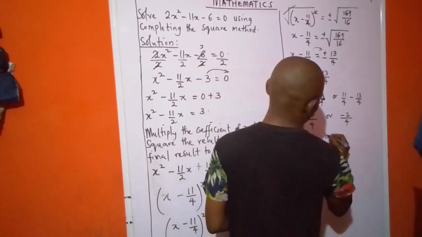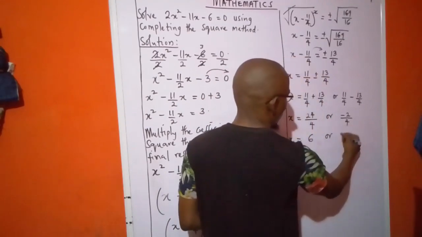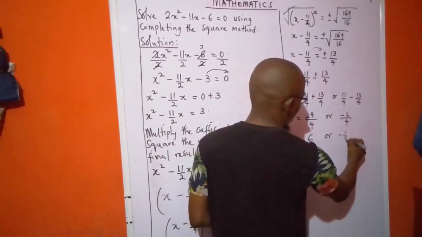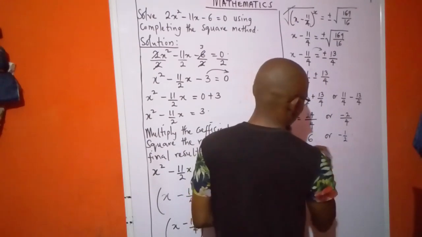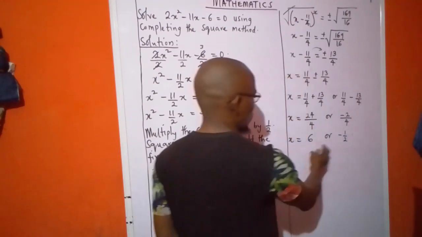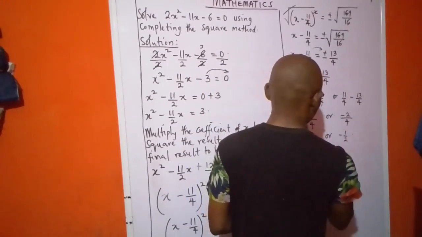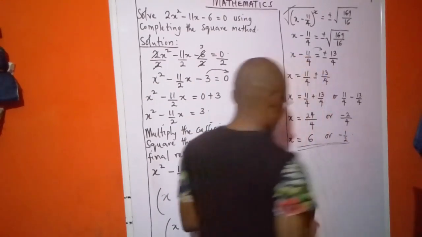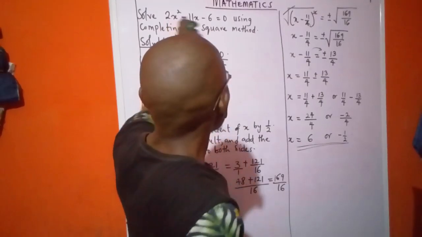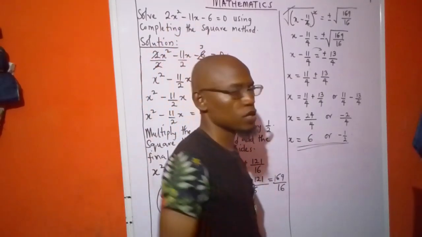When you break this down, it will be minus 1 over 2. So which means x is equal to 6, or x equals minus 1 over 2. So these are the roots of this equation that we have here.